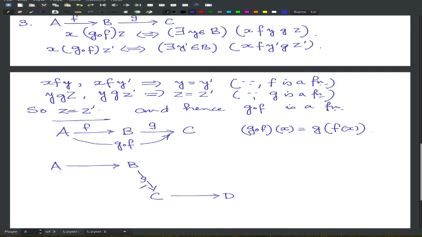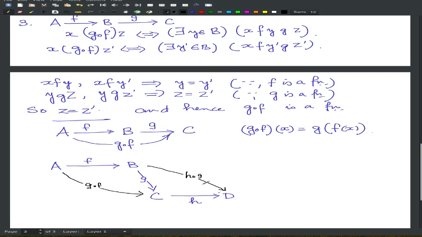I'll often write it also like this to make the graph well decorated, and h. Now you have this, which is your g composed f, as well as you have this composite of these two, which is your h composed g.